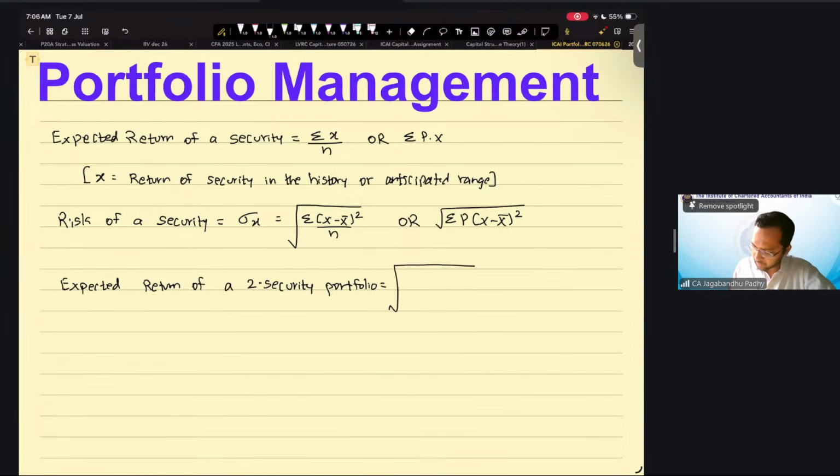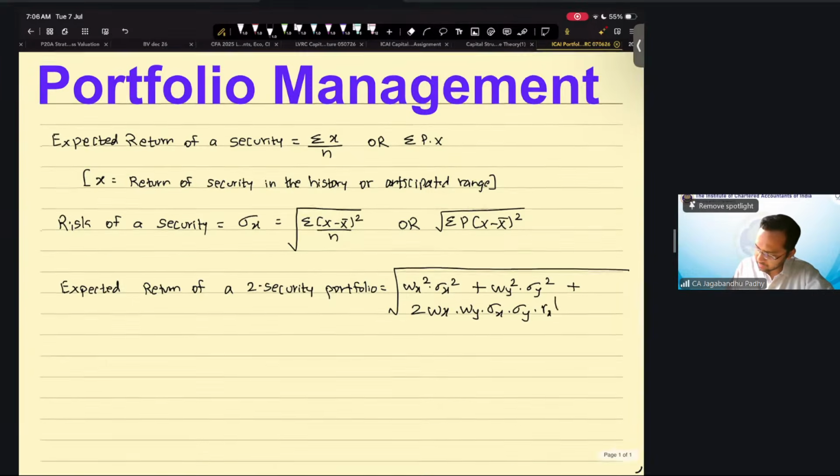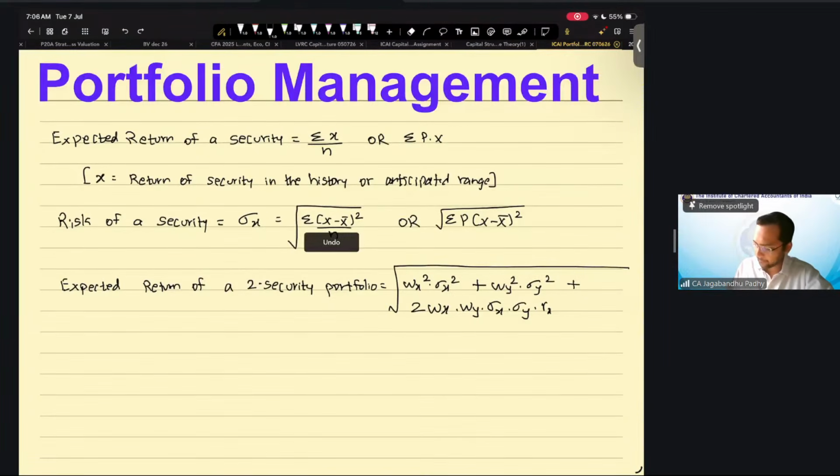That's going to be square root of weight of x square into standard deviation of x square plus weight of y square into standard deviation of y square plus 2 into weight of x, weight of y, standard deviation of x, standard deviation of y, and correlation between x and y.